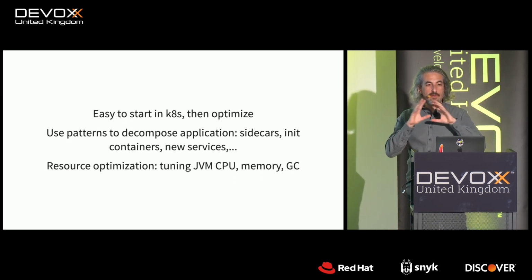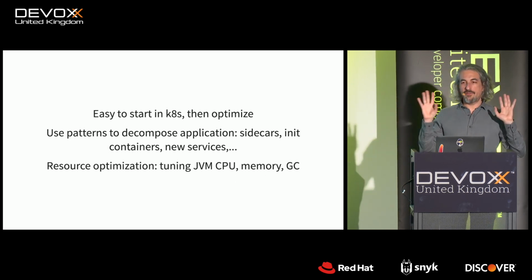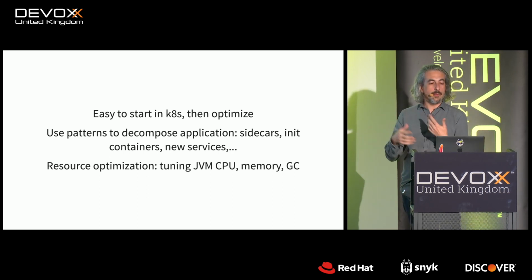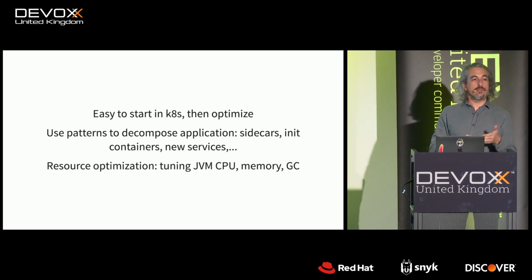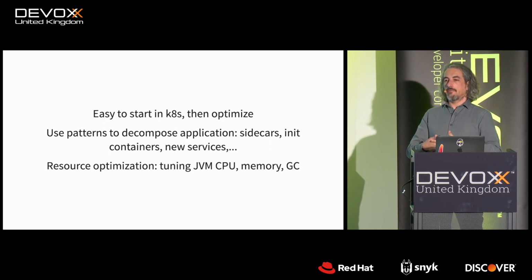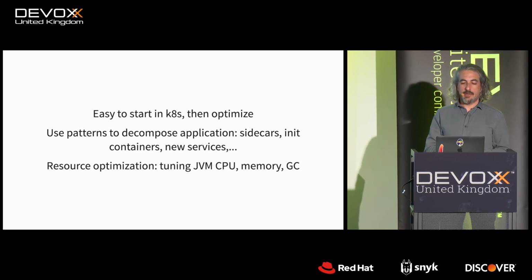I think if I have to tell you three things, it's very easy to start on Kubernetes, to lift and shift, especially Java applications, and then you can iterate and optimize. You can use these Kubernetes patterns to decompose the application, so it runs better on cloud native Kubernetes and so on. We use a lot of sidecars that are easy.